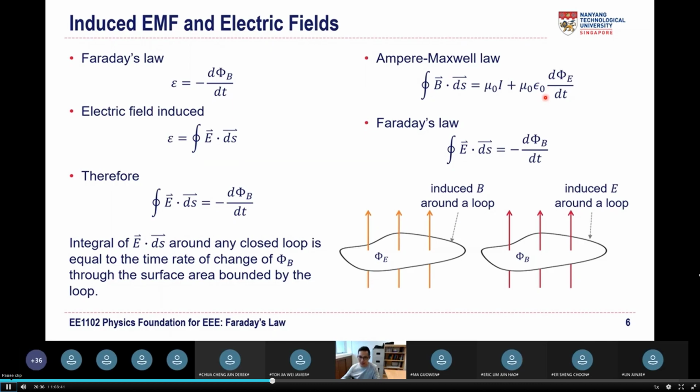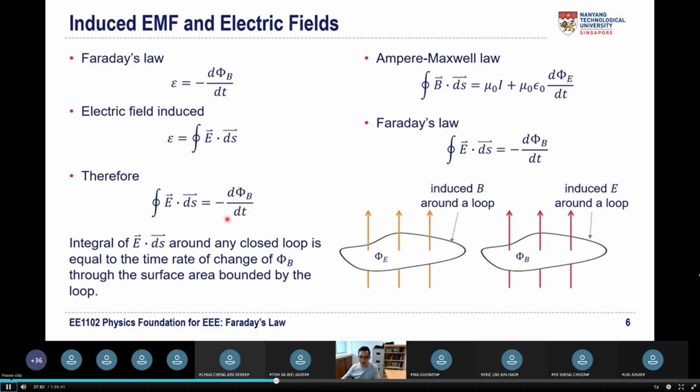So you can see that if we don't have any current going through that Amperian loop, we have a very symmetric system. If the electric flux going through the loop changes with time, then we get a magnetic field created.